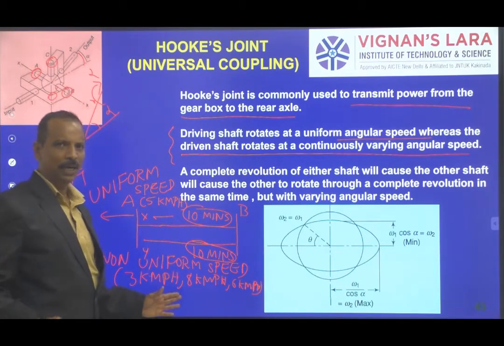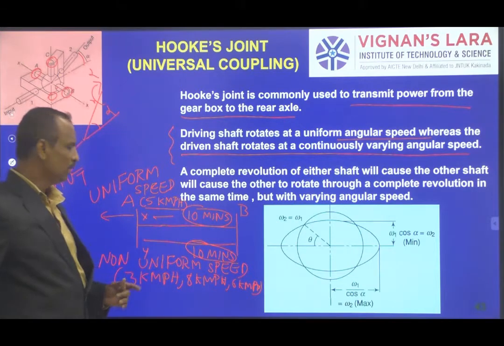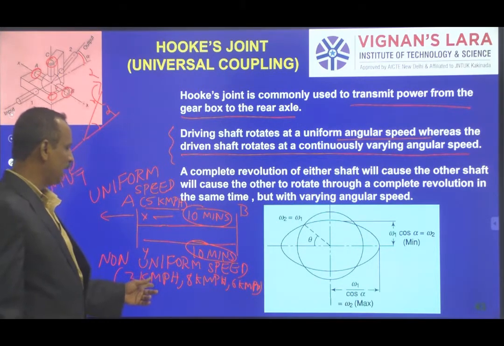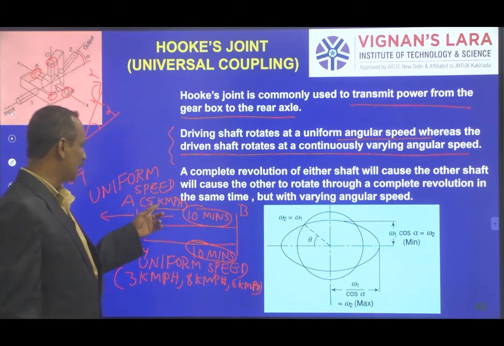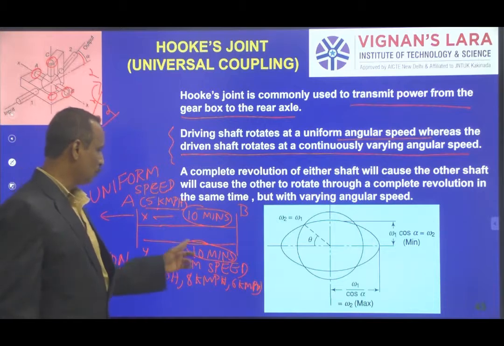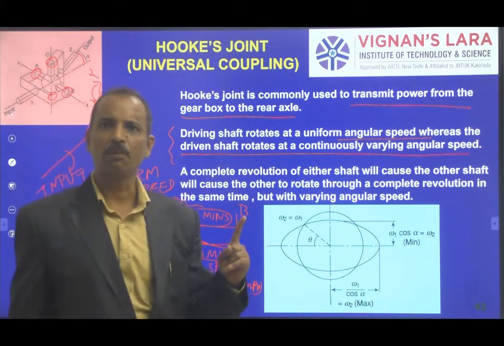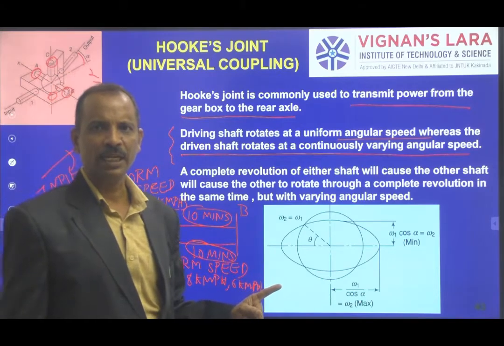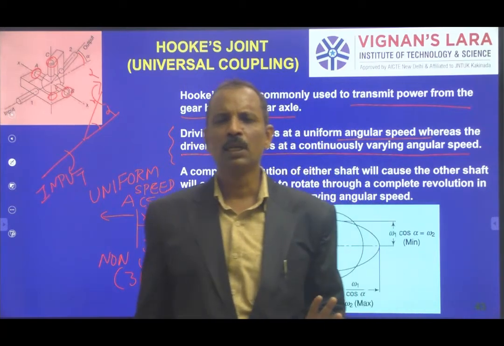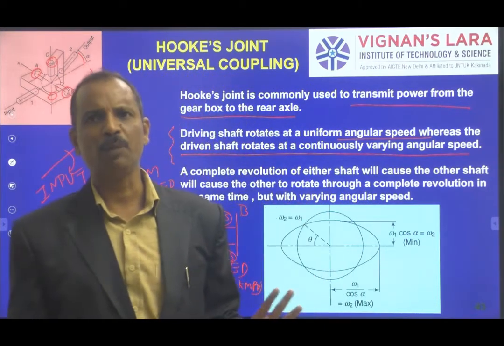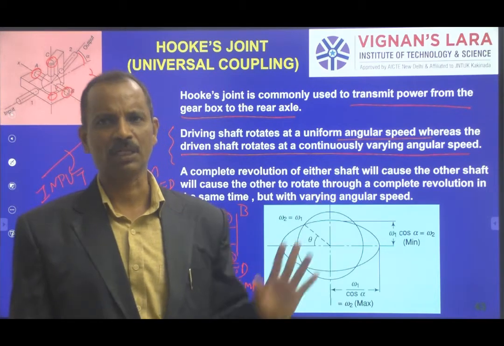So why did it happen? Because here the speed is 5 kmph, whereas here the speeds at different times are 3, 8, 6. That means sometimes less than X's speed, sometimes more than X's speed. But the task is completed; both of them are the same. Or I can give another easy example. Suppose I asked two people to do some work within 8 hours.